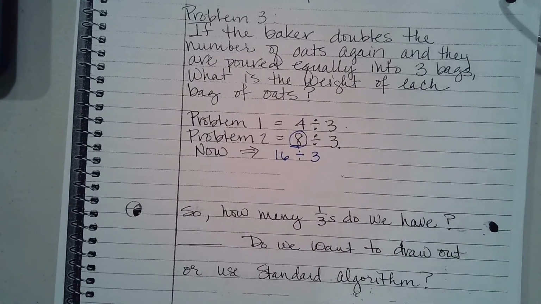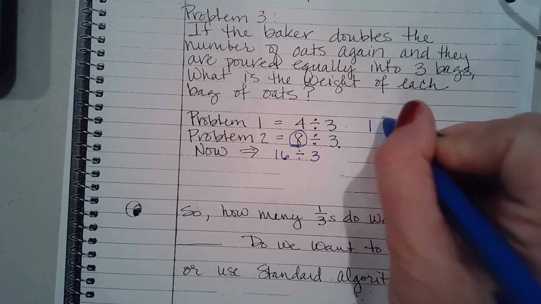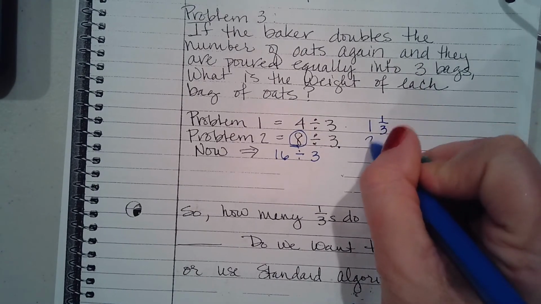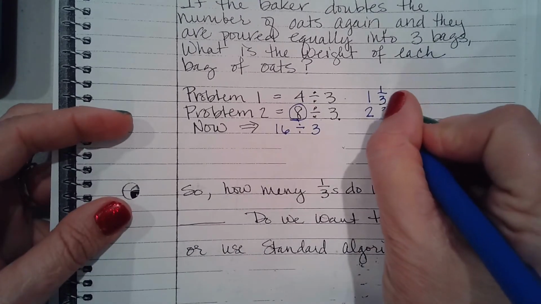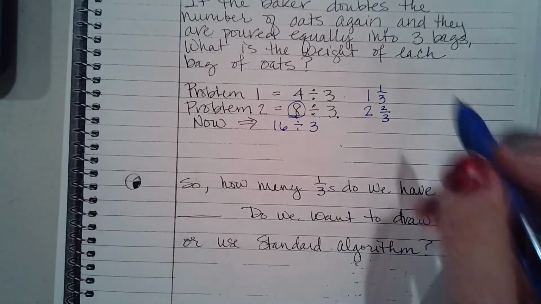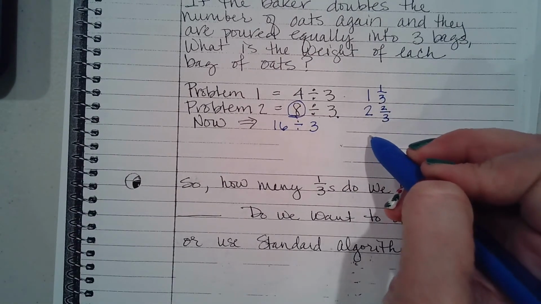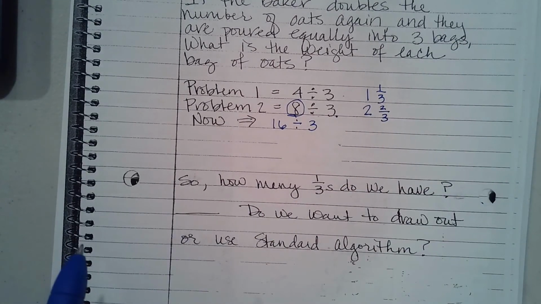So what is your estimation? What do you think of what we're going to do next? So what's your estimation? If this was 1 1/3, this was 2 2/3, I wonder what it's going to be for this one.